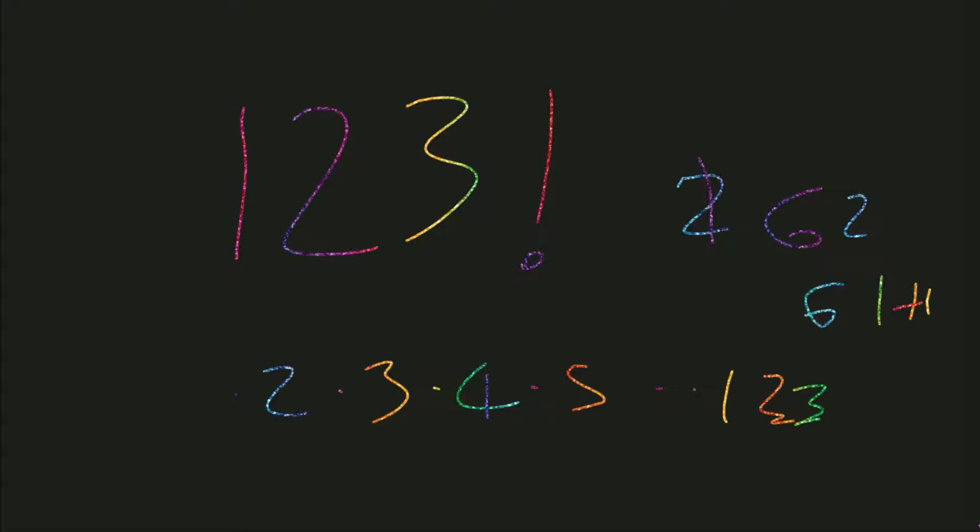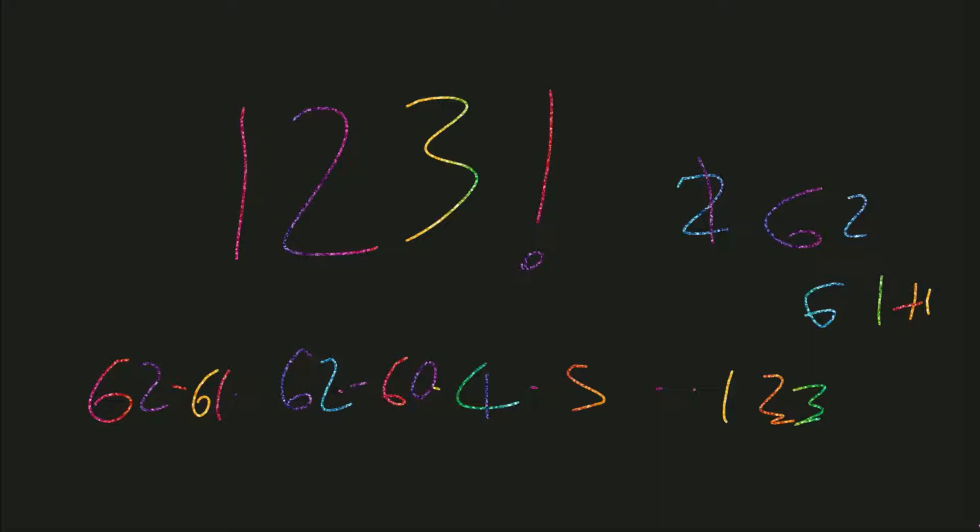Well, 1 is just 62 minus 61. What's 2? 2 is going to be 62 minus 60, and 3 is going to be 62 minus 59.